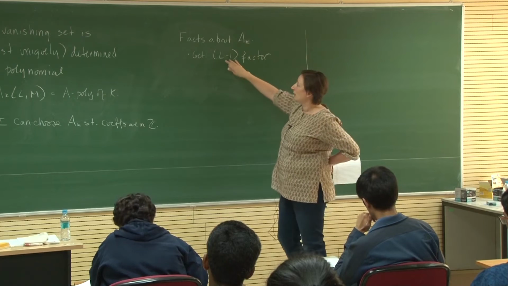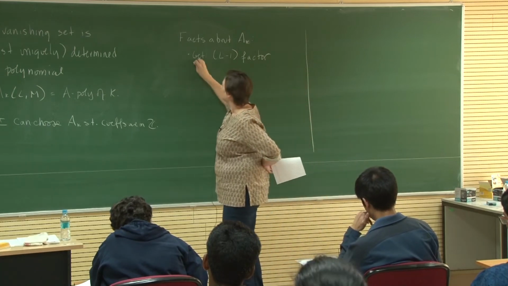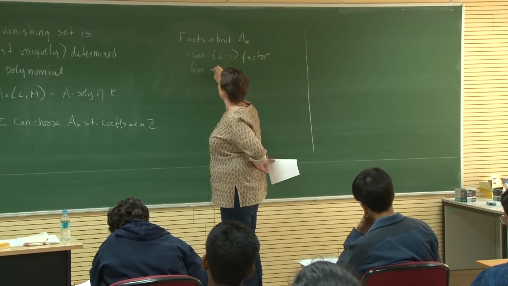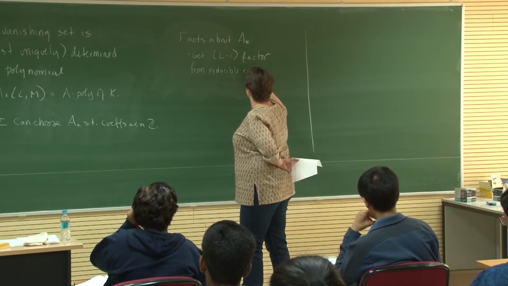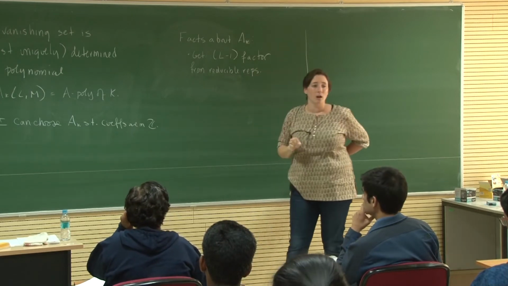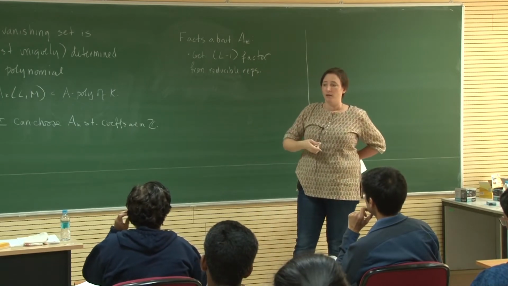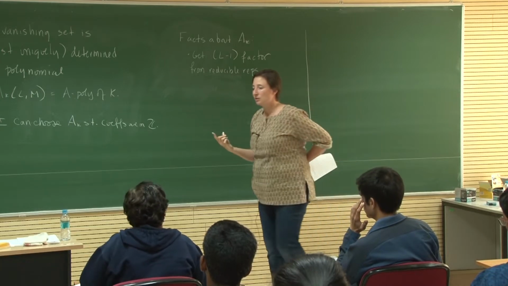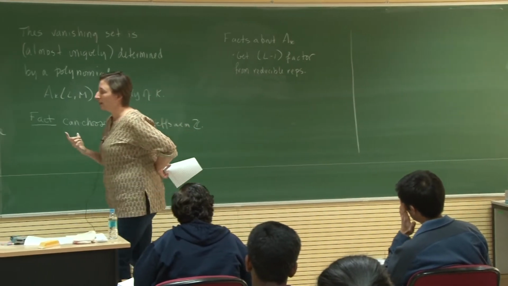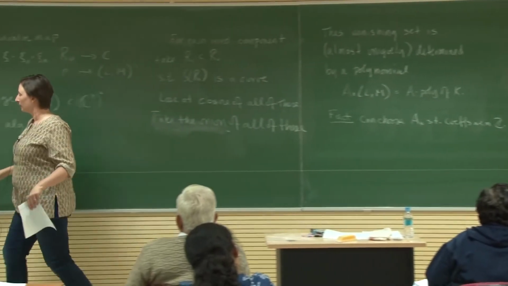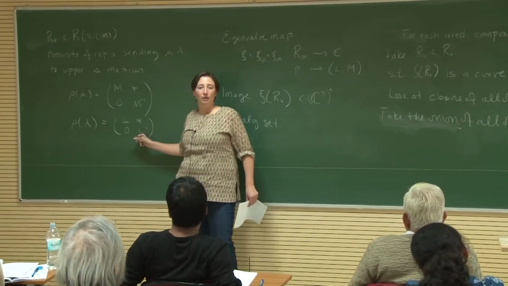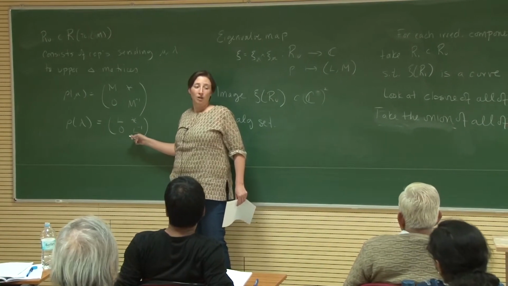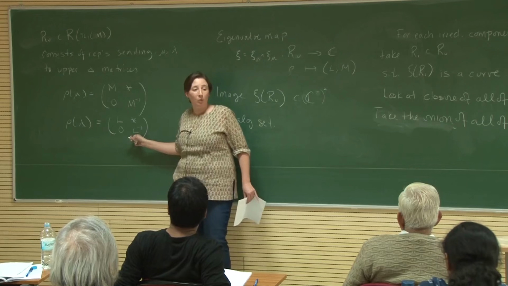So why do you get an L-1 factor? This is from the reducible reps. So if you're not complement, the reducible representations will all have to be identity on the longitude. And so your L and L inverse are going to be 1.